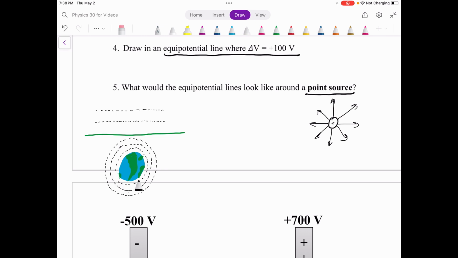Everywhere on this line or circle, it would have the same gravitational potential energy. Out here, it would have more gravitational potential energy, but then all the way around in the circle, all of those points would have the same amount of gravitational potential energy. Move out further, same idea, right? Increase the gravitational potential energy, but then all of these would have that same amount.